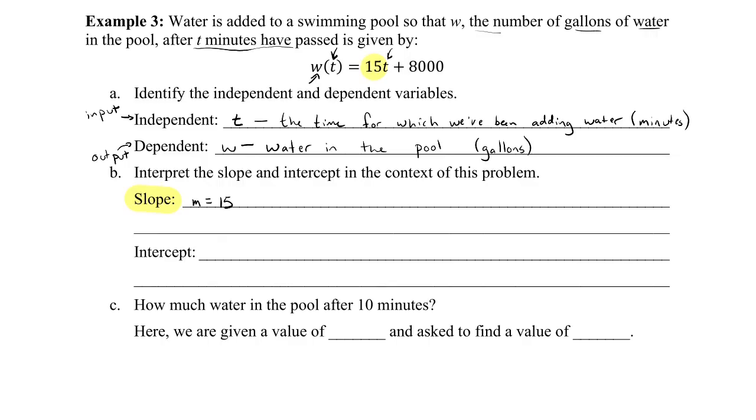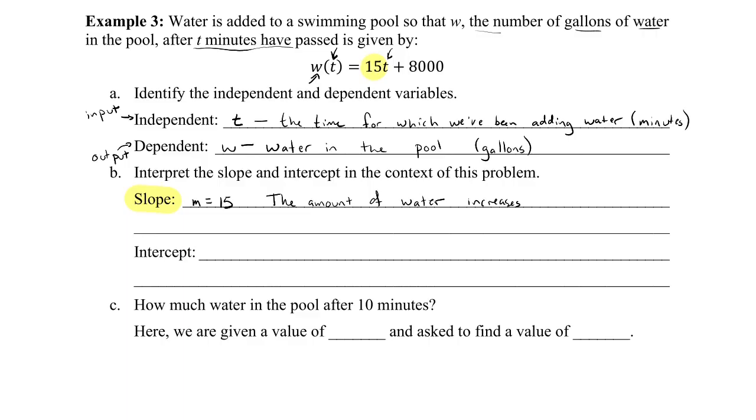In other words, it's the amount that the output increases, since in this case it's positive, so the output is increasing. It's the amount that the output increases each time the input increases by 1. So the output increases by 15. So the amount of water increases, increasing because our slope is positive.